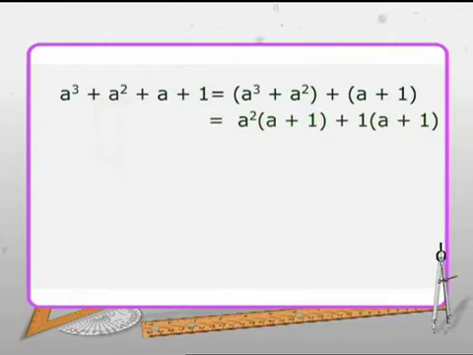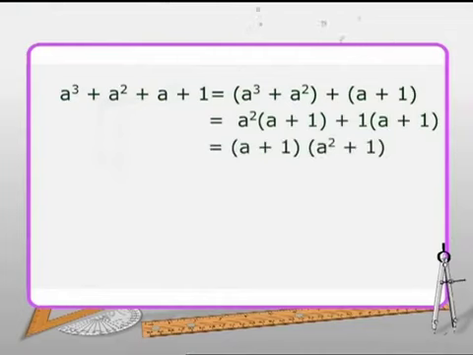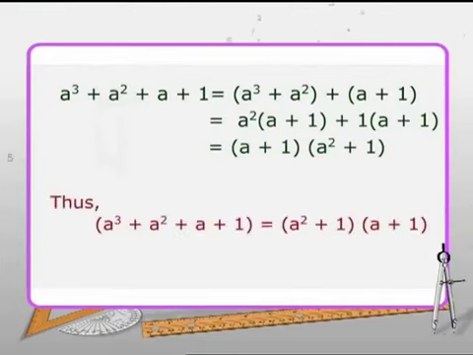On taking a plus 1 as common factor from both the groups, the given expression reduces to a plus 1 into a square plus 1. Thus, a cube plus a square plus a plus 1 is equal to a plus 1 into a square plus 1.